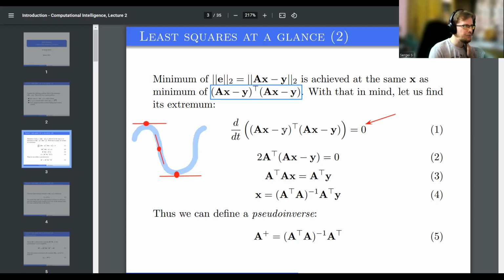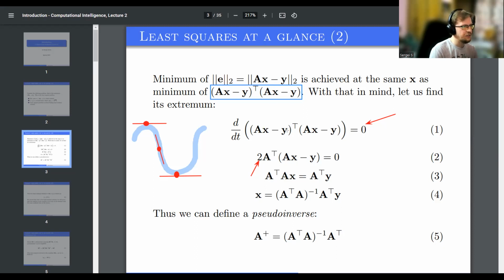But since they're symmetric, it's going to be just 2, right? Same as x squared, the derivative is 2x, same here. So we get this 2 here. Now, Ax minus y, it's not just a function, it's also a nested function, right? What is the derivative of the nested function?